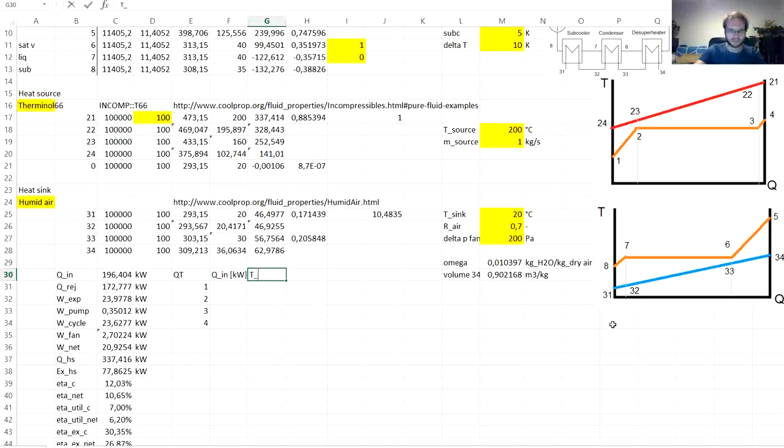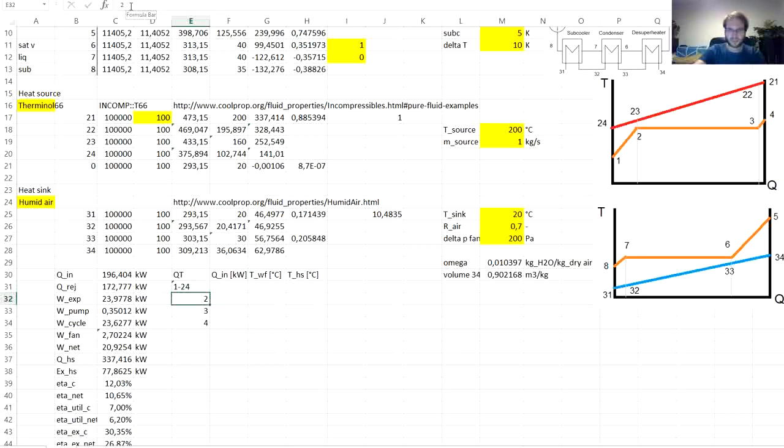Here we will have the temperature of the working fluid, and temperature of the heat source. Now this point 1 for the working fluid corresponds to the point 24 at the heat source.